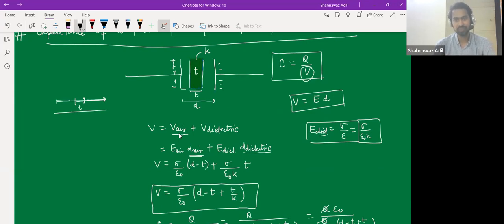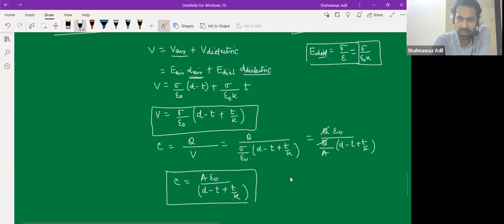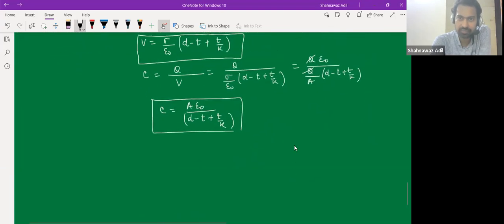Yes, sir, clear. Okay, so where should I put the screen? In here.